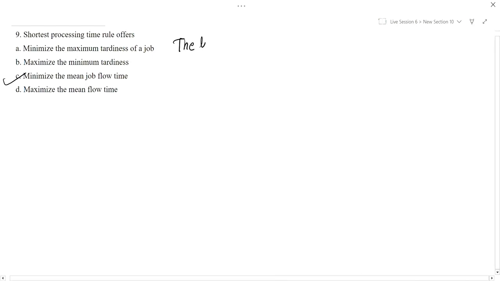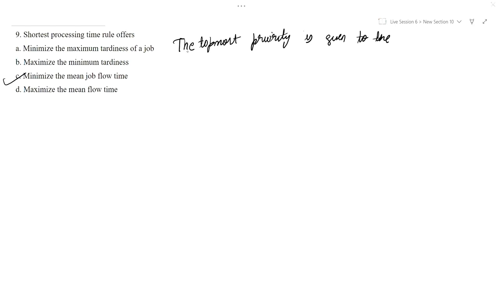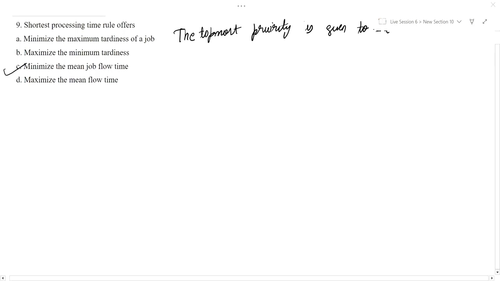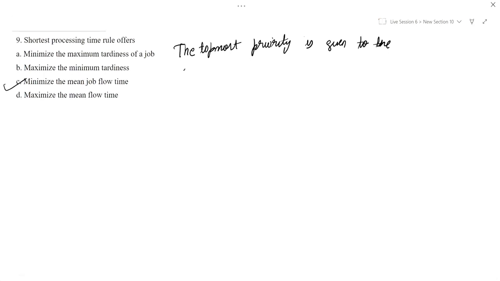The topmost priority is given to the job which is having the minimum processing time.